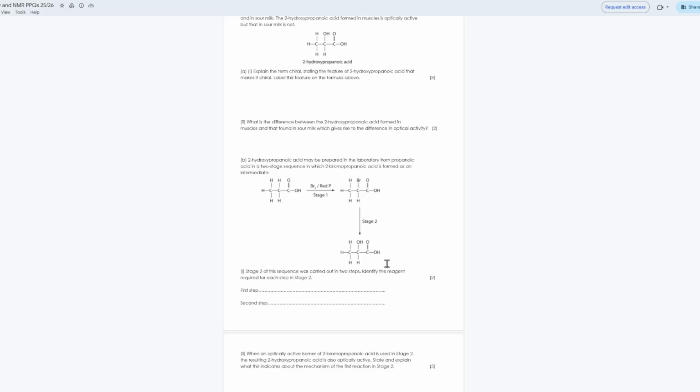These questions are a little bit more annoying to answer. I'm going to say the 2-hydroxypropanoic acid formed in mussels is formed from a carbocation intermediate in an SN1 mechanism. Oh no, other way around.